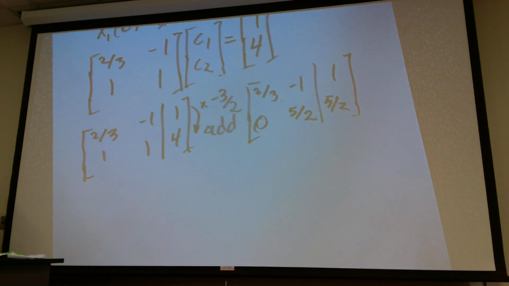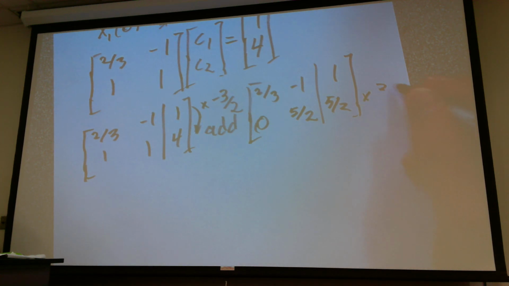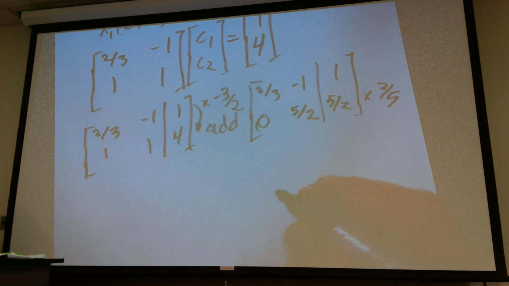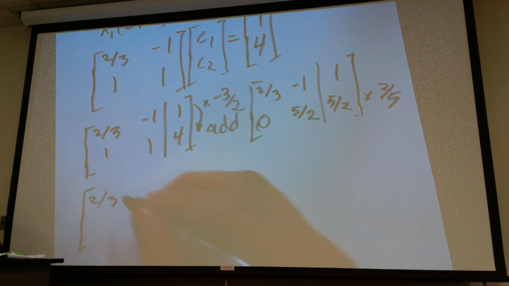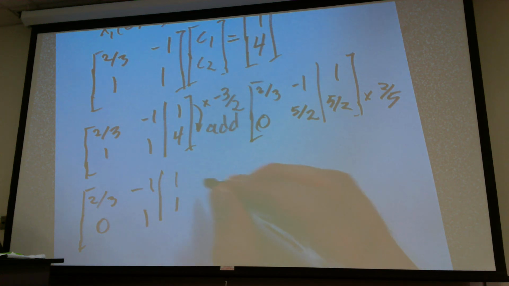Okay, so then we can multiply by 2 divided by 5. And we'll get 2/3, negative 1, 0, 1, augment 1, 1.